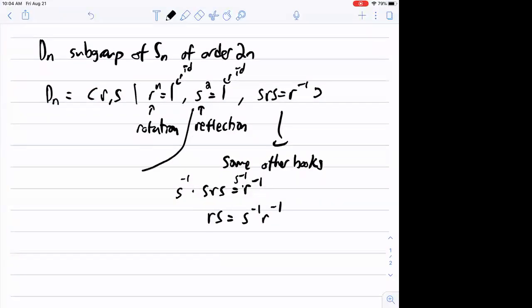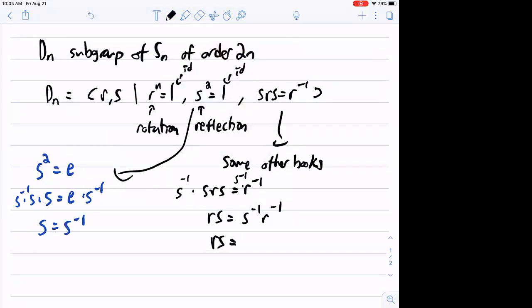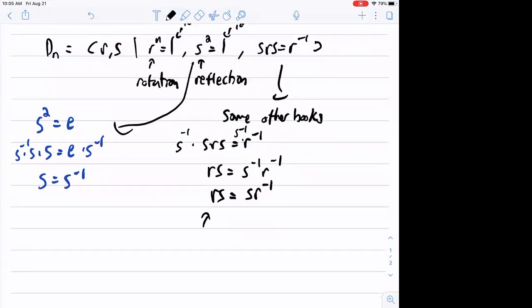You get it from here, because s squared is e, some people use e. If I multiply by s inverse, I get s is s inverse. So the inverse is itself. So you get r s is s r inverse. In other words, I can move any r past an s provided I invert it.